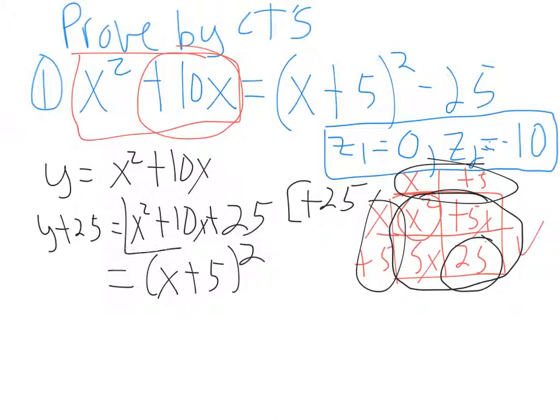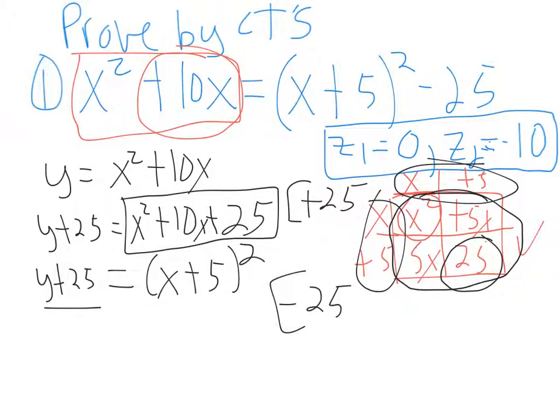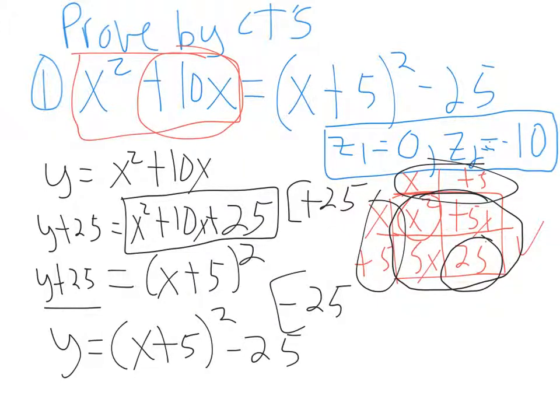And that incorporates all of those terms inside that square. So I've got y plus 25 equals that. Well, I don't usually write my equation as y plus 25, so now I need to subtract 25 on both sides. So now I end up with y equals x plus 5 quantity squared minus 25.